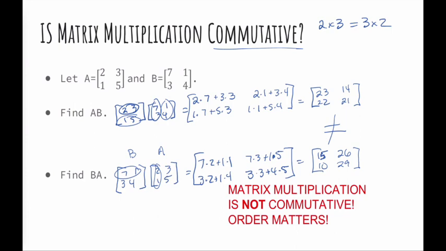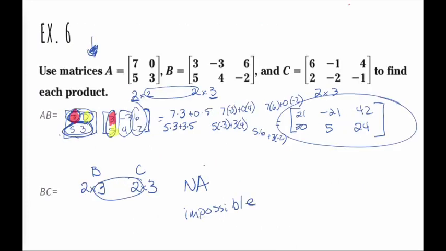And you can see this in terms of the dimensions too, right? So back here, we have A, which is a 2 by 2, and B, which is a 2 by 3. If we do AB, 2 by 2 times a 2 by 3, we can do that because the two middle numbers are the same, and our ending matrix is going to be a 2 by 3.